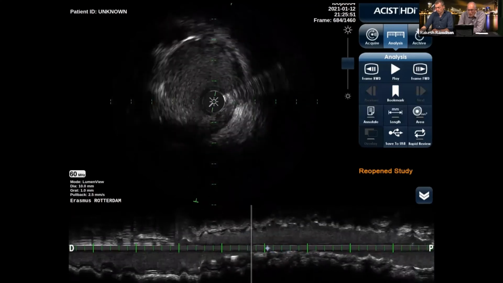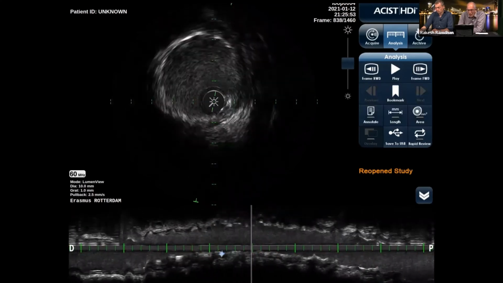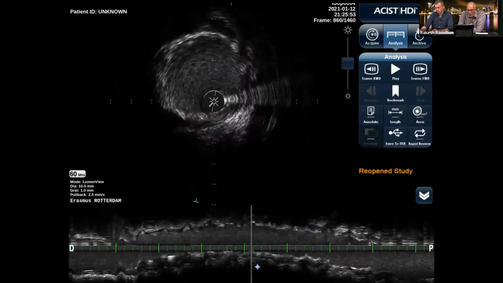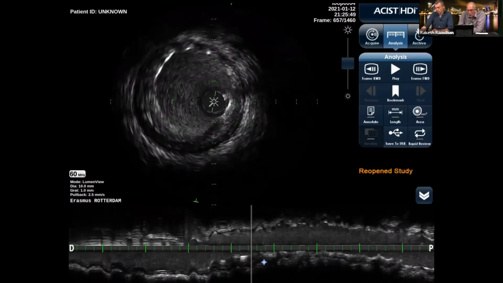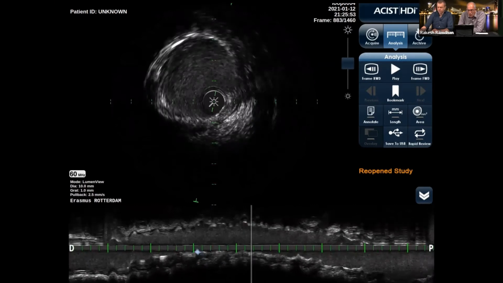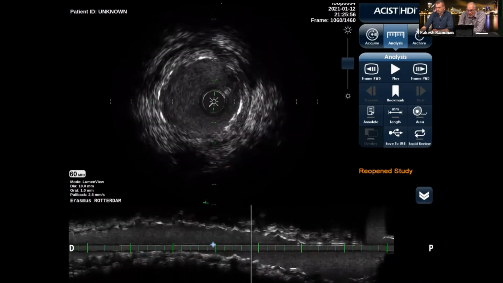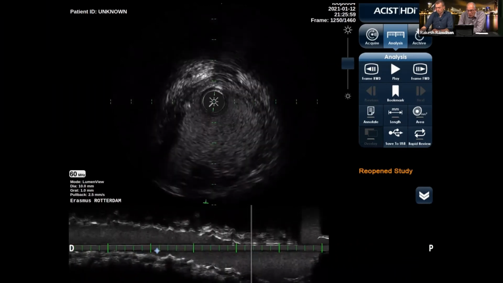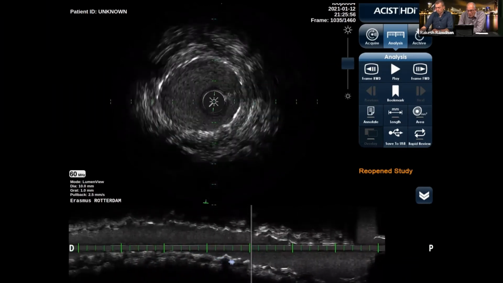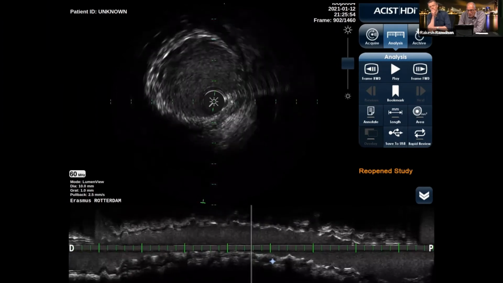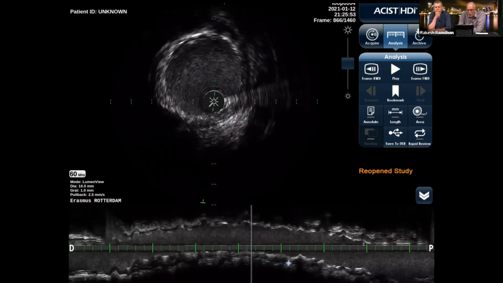So if we move in here, then we see at the spot where we had some thrombus that the stent was a bit under deployed, but maybe it's not that bad. No, it's not that bad. What we see is that we have a good apposition there.